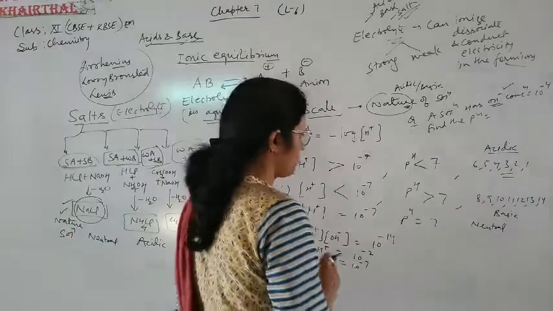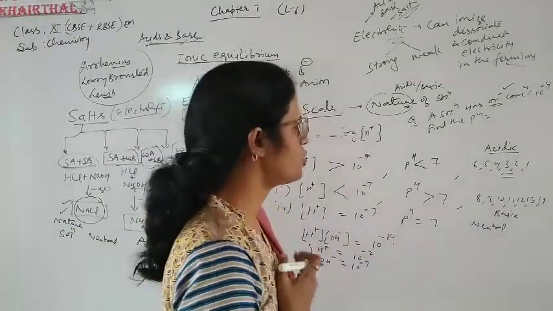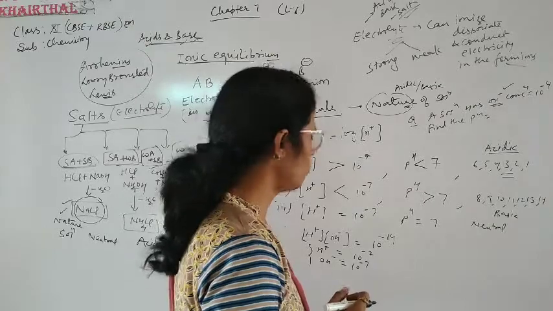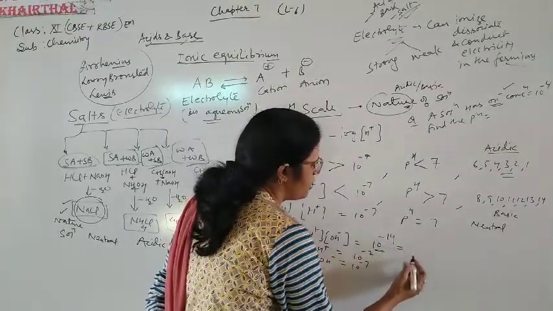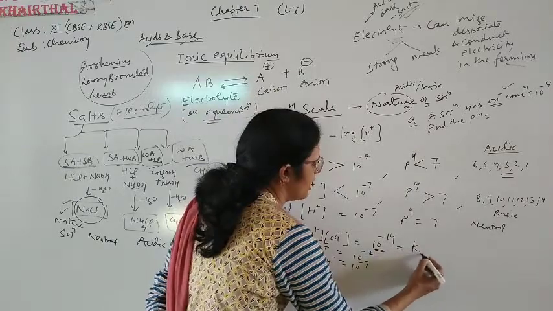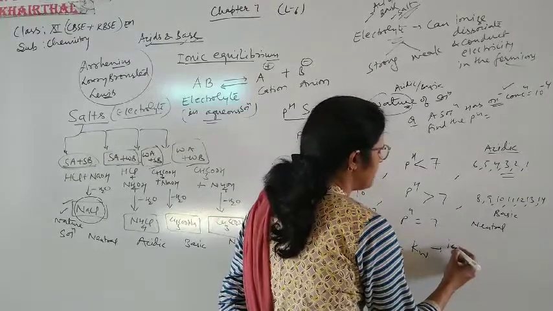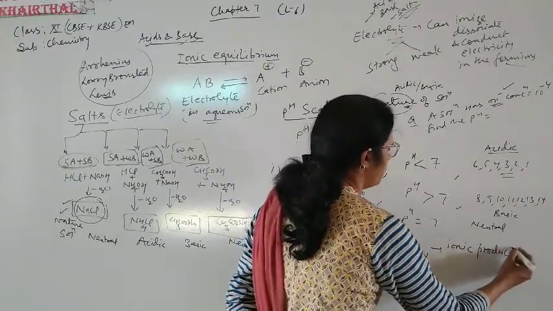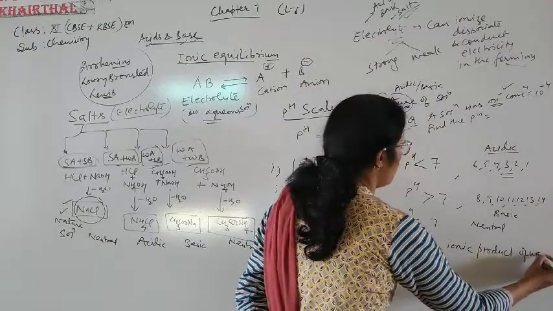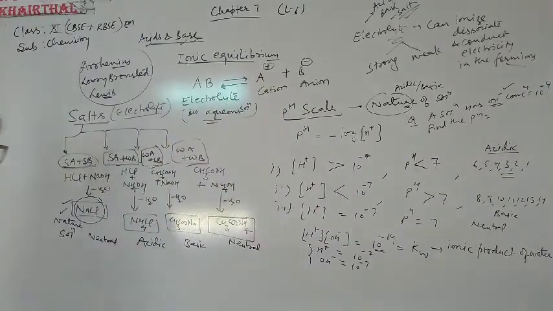To calculate this type of question, we should know that this 10 raised to power minus 14 is equal to Kw. What is Kw? It is the ionic product of water. What is the ionic product of water?